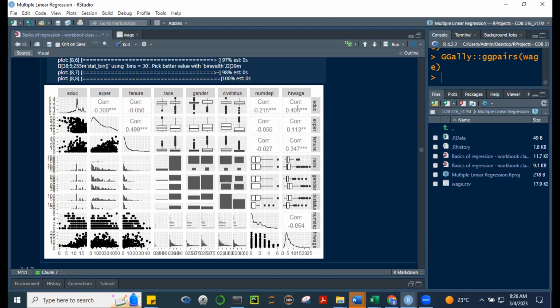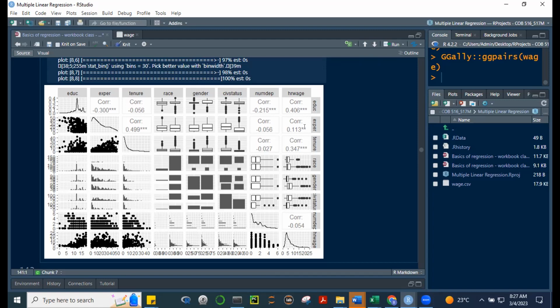Now we're also very much interested in this one, the correlation of hourly wage with the predictors. And you can see, of course, there will only be correlation for the dependent variable and the numerical variables. So here we find that education is moderately correlated with hourly wage, statistically significant. That's the 3 asterisks here.